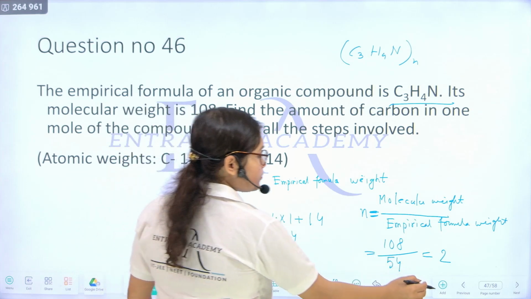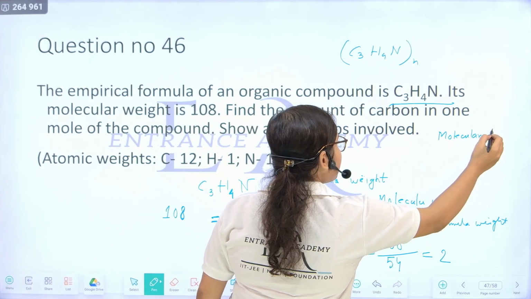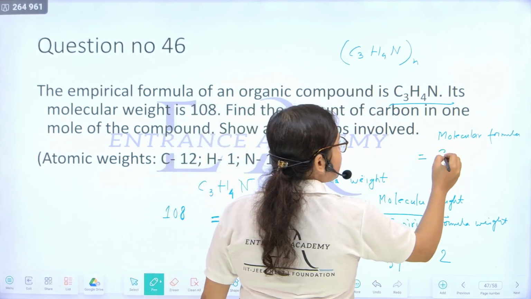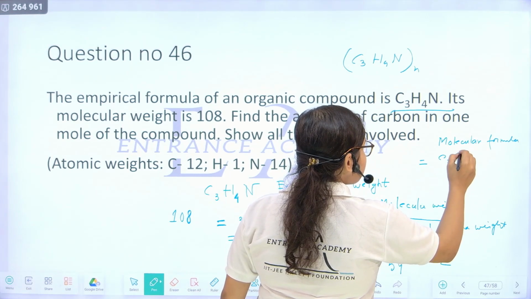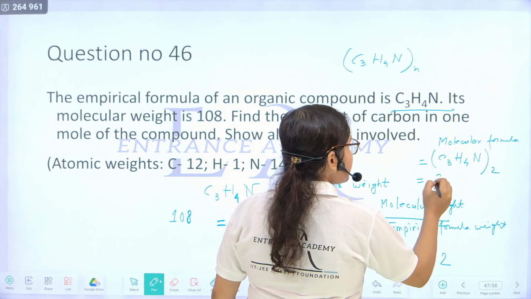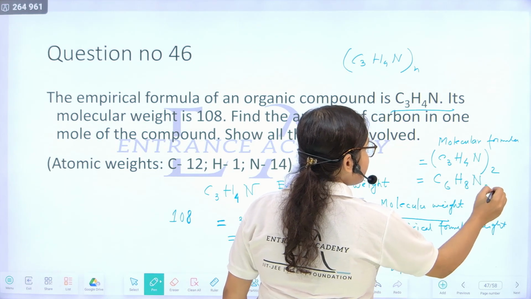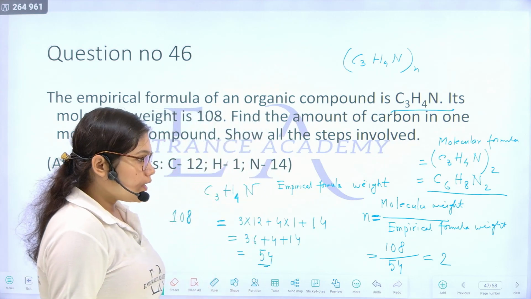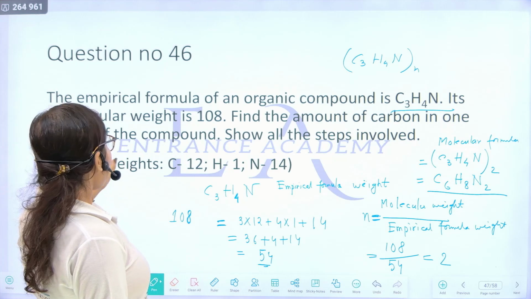Now the molecular formula of this compound is C3H4N into 2, that is C6H8N2. Now the question is, find the amount of carbon in 1 mole of the compound.